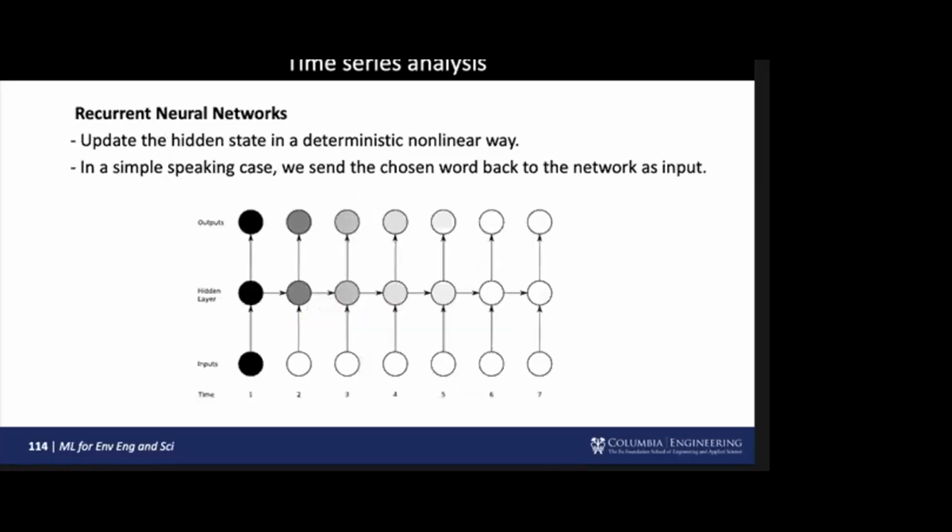Now let's get to a recurrent neural network by looking at this simple representation. Unlike the models we just discussed, an RNN updates its hidden states in a deterministic, nonlinear way. You have an input right here, pass it to the hidden state, and the hidden state will pass an output, of course.